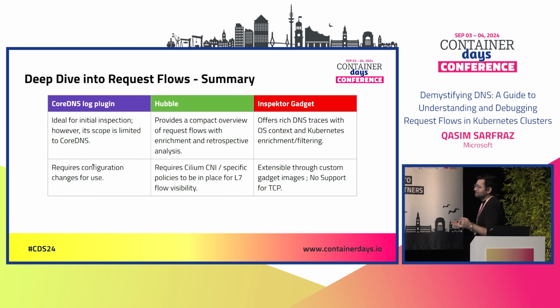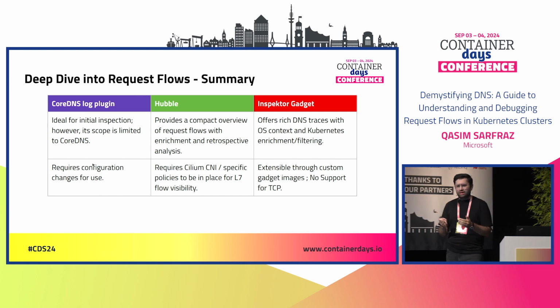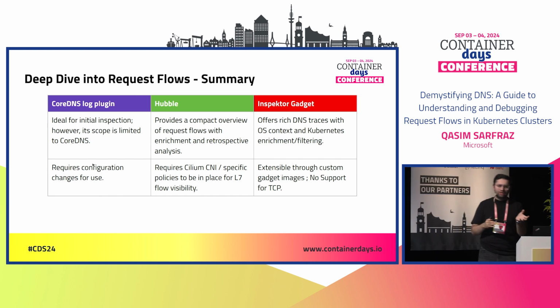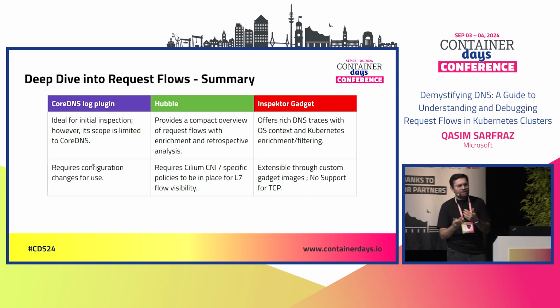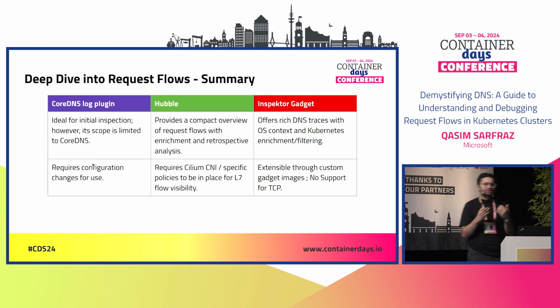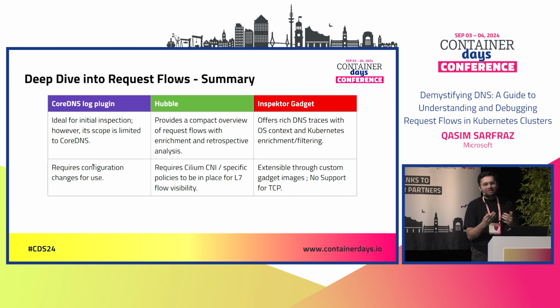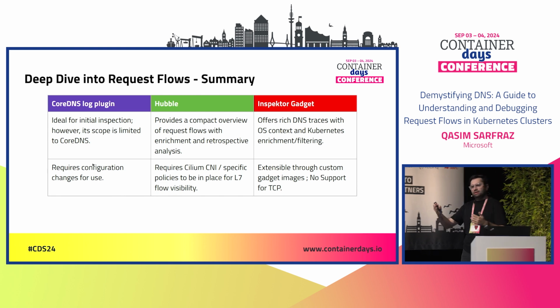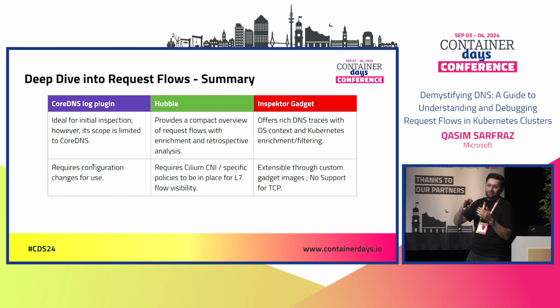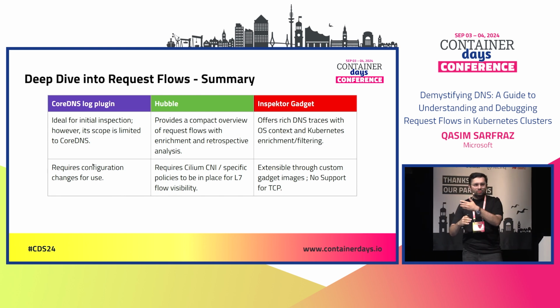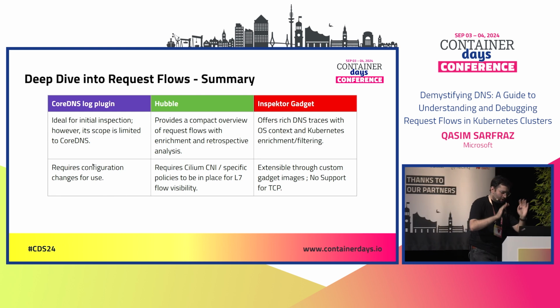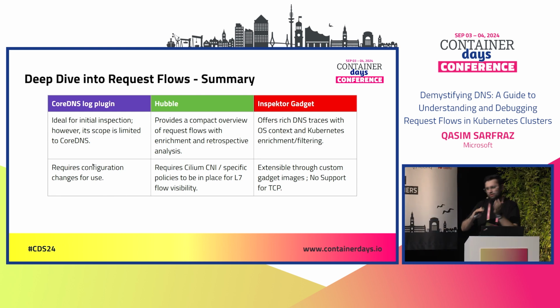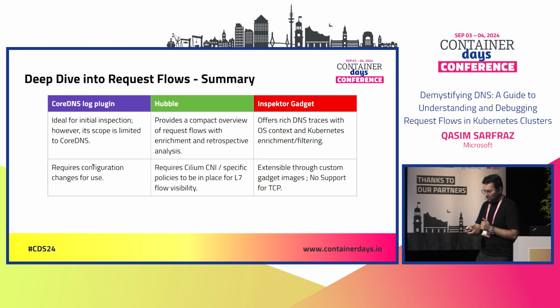In case of Inspektor Gadget, it offers rich DNS traces with OS context and Kubernetes enrichment and filtering. It is extensible through custom Gadget images, but it doesn't yet have support for TCP, DNS over TCP. So for example, if you have this node local setup, we might need to do something there.